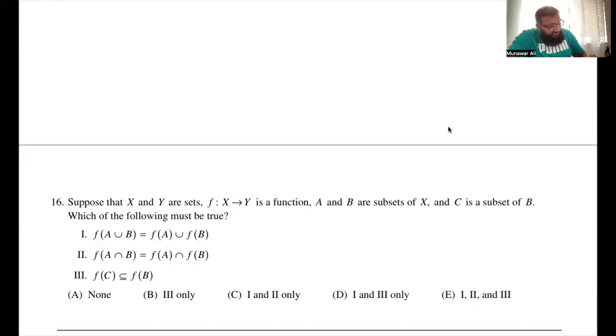It says that suppose x and y are sets such that f is a function from x to y, a and b are subsets of x. So for example, I have a function from x to y. And x is, let's say, a set like this.